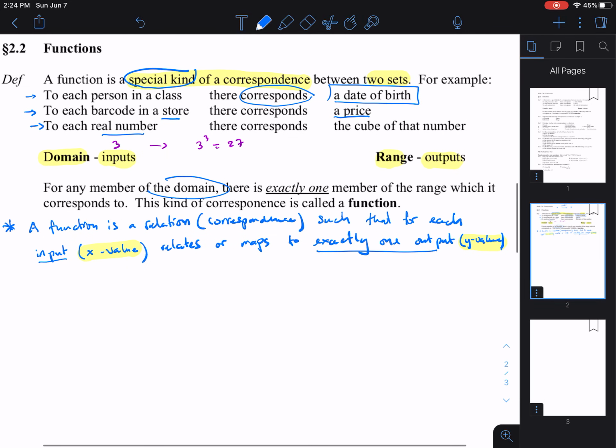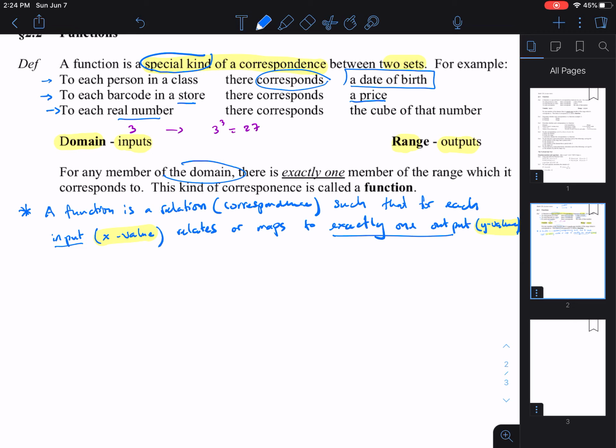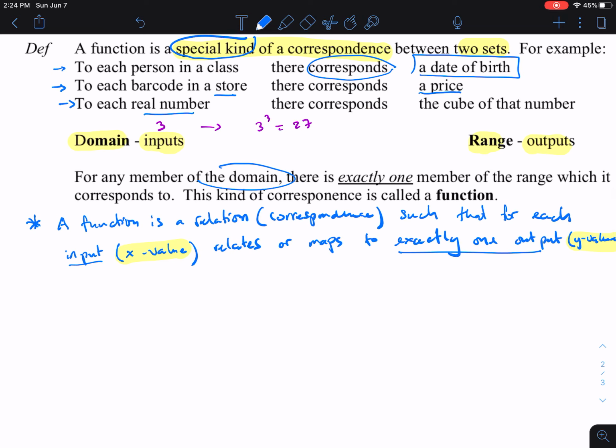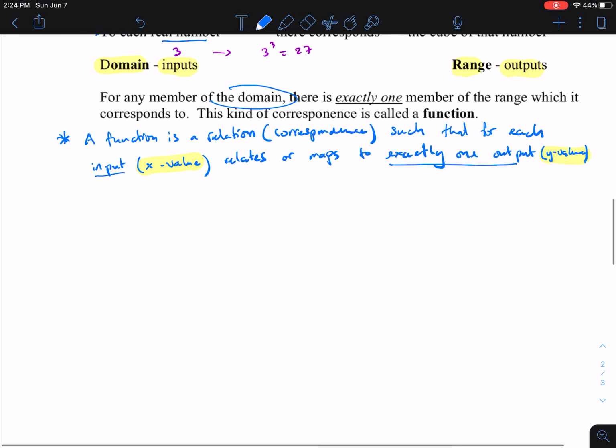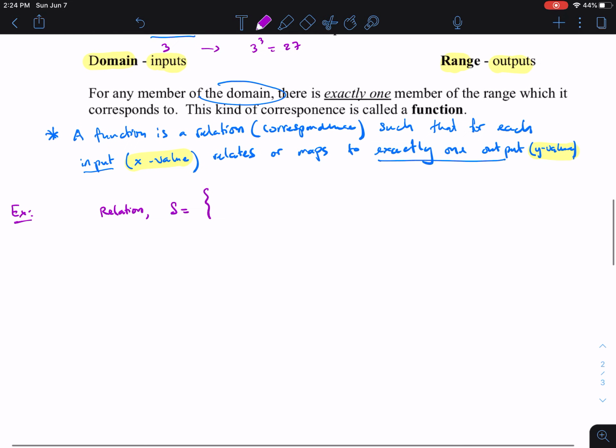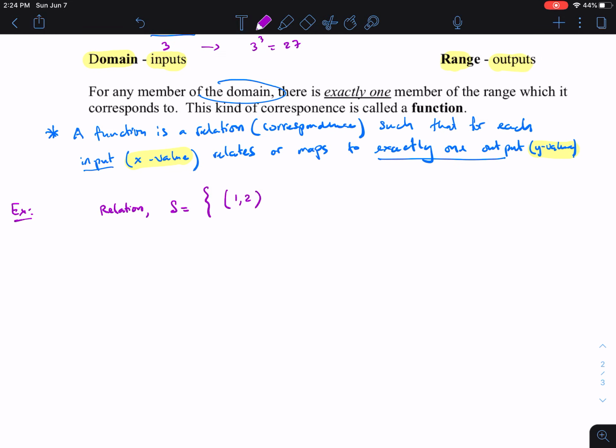Let's look at this in a more concrete, finite example. Let's look at a math example. Let's say we have this relation, and let's call it S. S is a set of ordered pairs: (1, 2), (2, 5), (3, -4), (-1, 7).